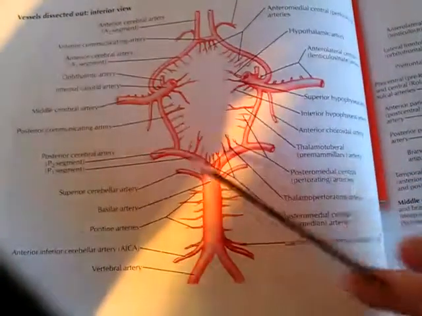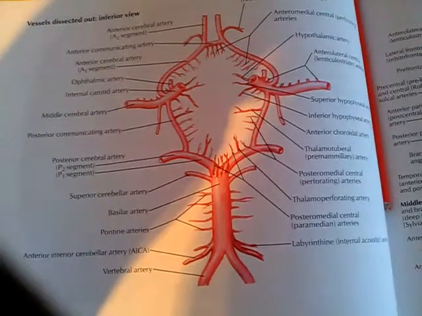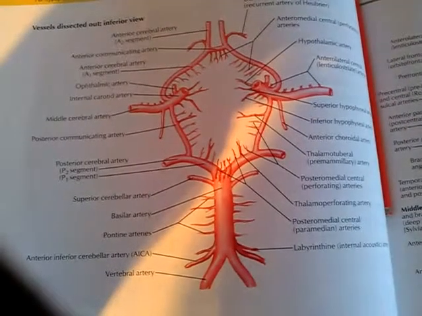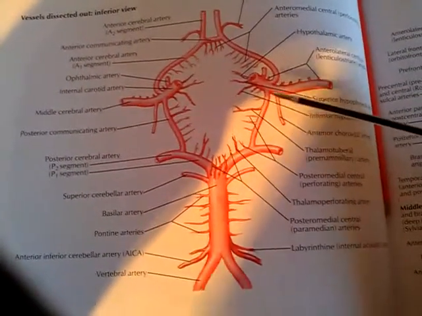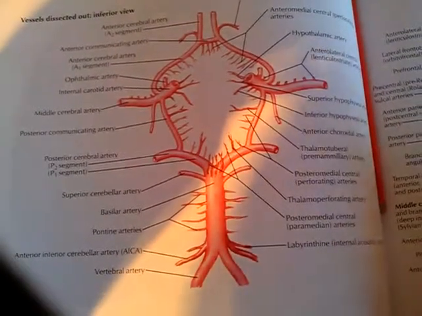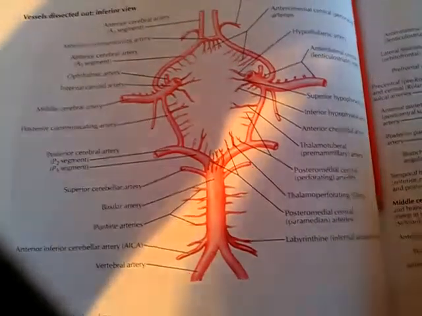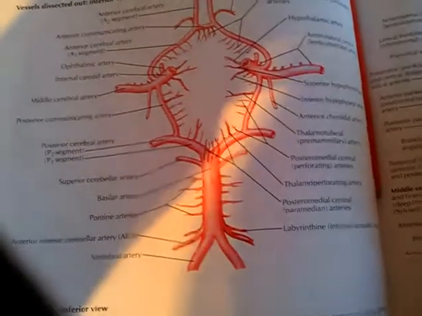Now this circle gives off cortical branches that run on the surfaces of the hemispheres to supply cortex, and secondly it gives off basal branches, which enter the inferior surface of the brain to supply white matter of hemispheres, basal nuclei and diencephalon.